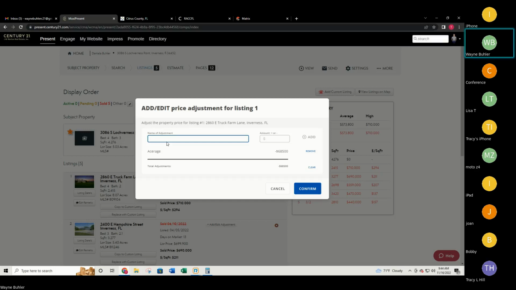My big thing with price per square foot is that it's a general guideline, but I can tell you if I go from Pine Ridge two streets over into Citrus Springs, we can have a drastic change in price per square foot. So if I'm trying to use a blanket price per square foot, saying things are $130 a square foot, where?